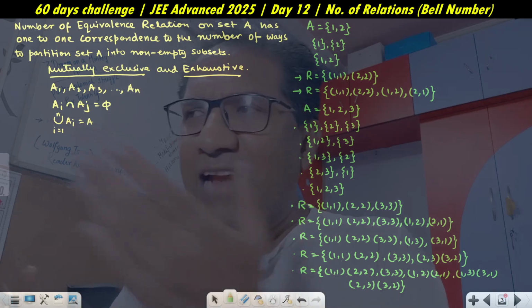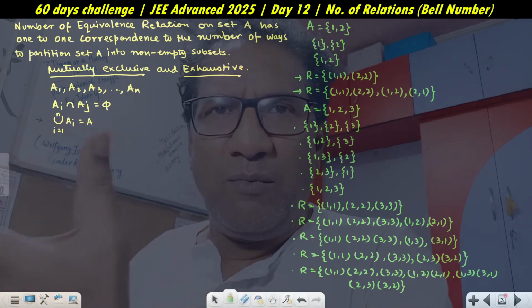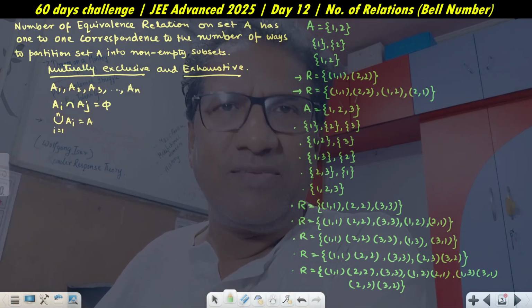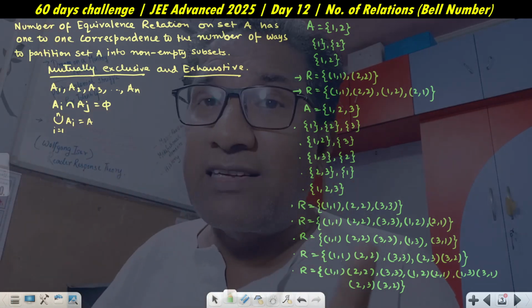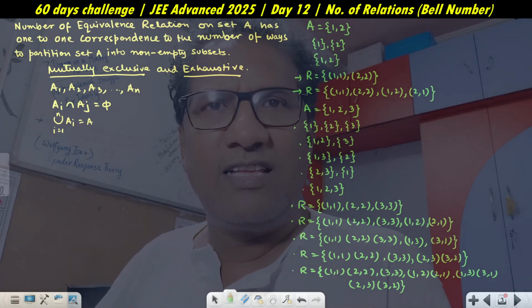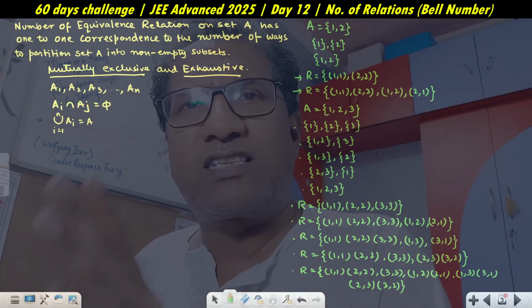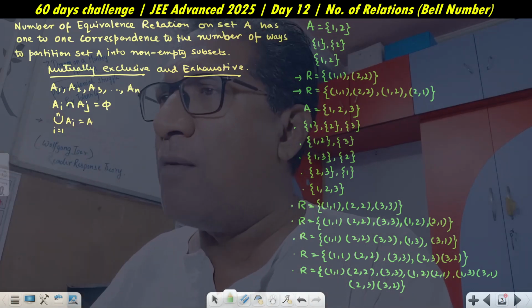Clear? And we can easily see that it matches. The maximum number of equivalence relations is the same as the number of partitions so formed.